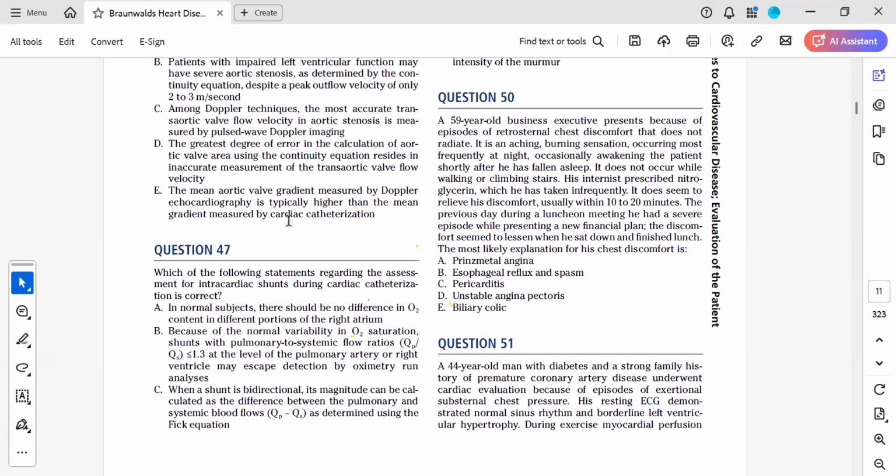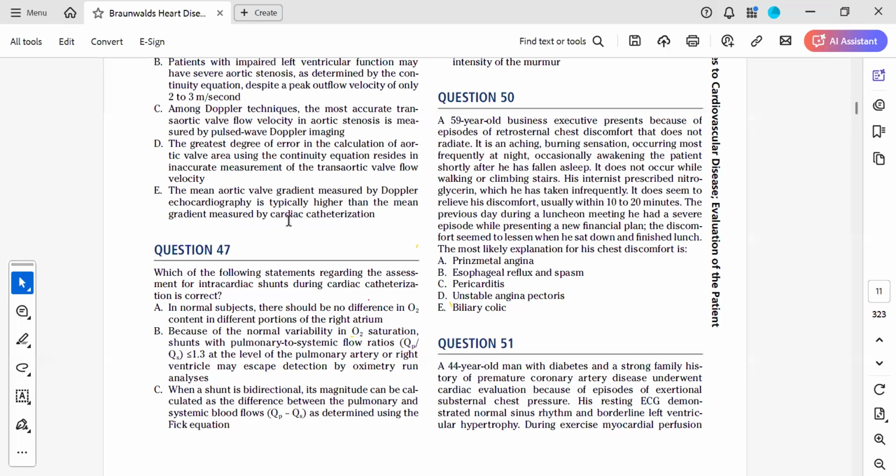So you want to know the flow across the pulmonary vasculature and compare the ratio with the flow in the systemic circulation. In normal subjects, this ratio should be around 1.